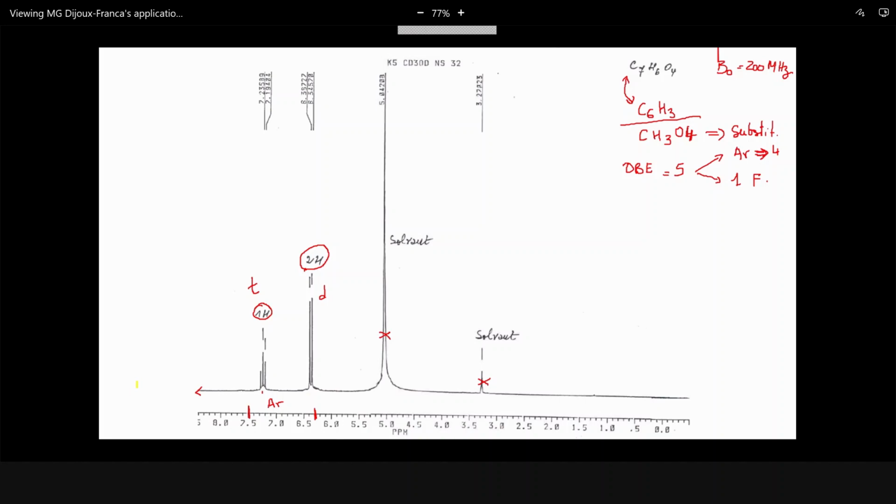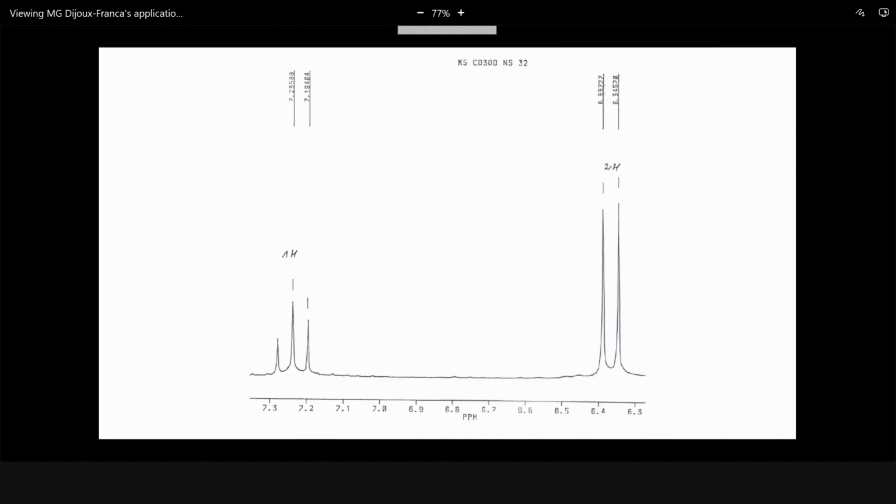So then we go to the biggest figure. So can you calculate the coupling constant? Remember, in a triplet, we have twice the same coupling constant.